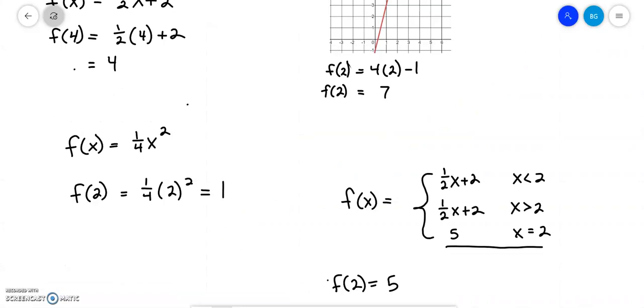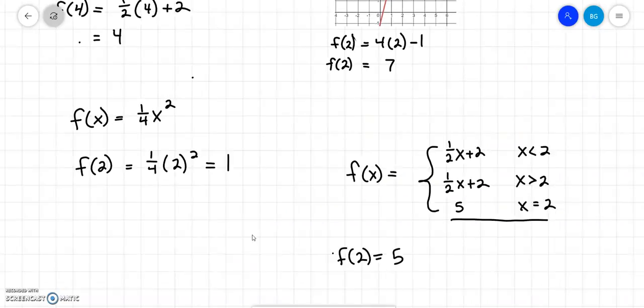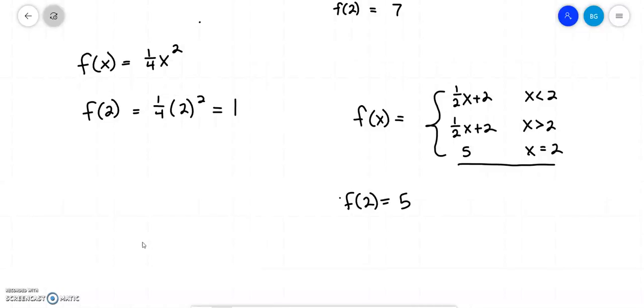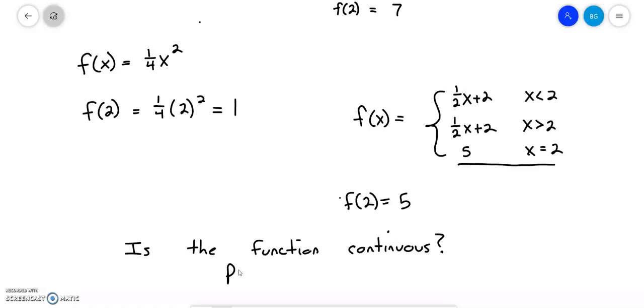So we're going to develop a lot of different ways to evaluate limits, but the very first thing you need to check for is: is the function continuous? And if so, just plug it in. That's the easiest way to do it. And if you can do it, you should do it.